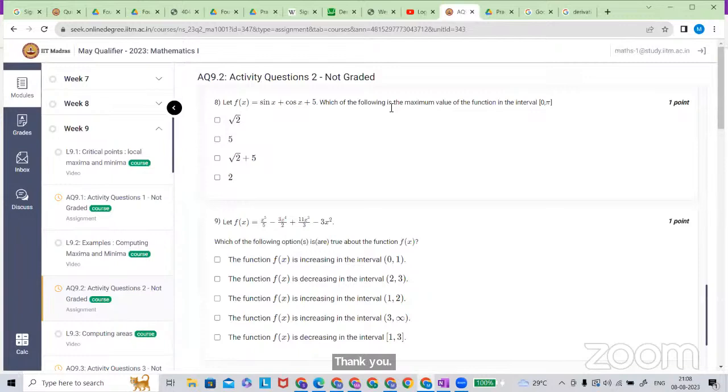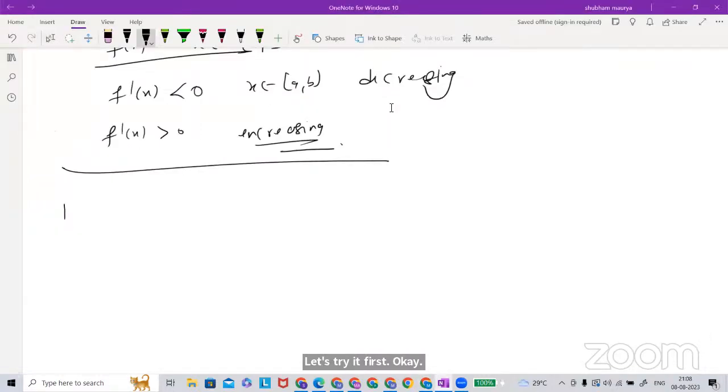So critical point means, first see the definition, at least in this algebraic form.